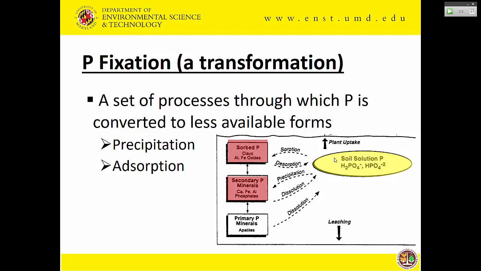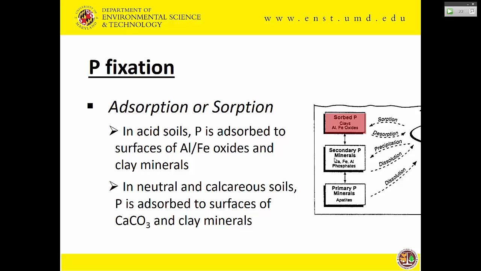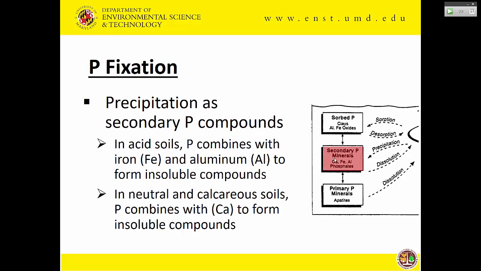This is more strongly fixed when it's precipitation than adsorption. Talking about adsorption or sorption, in the acid soils, as we talked about, it's mostly iron and aluminum. In neutral and alkaline soils, it's more calcium that fixes this phosphorus. Another here is the secondary minerals.